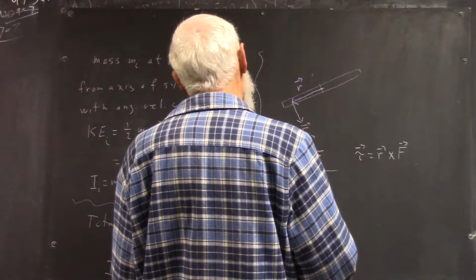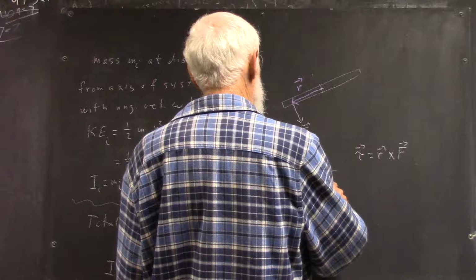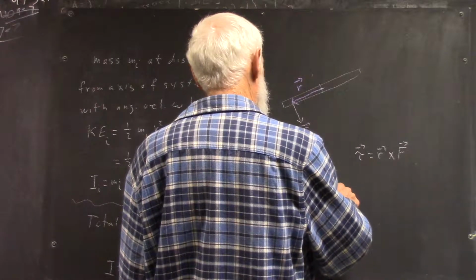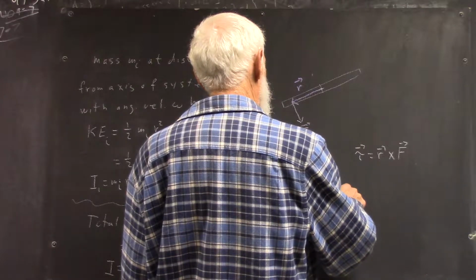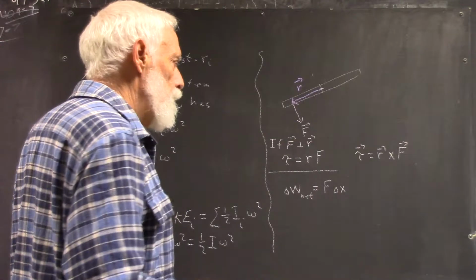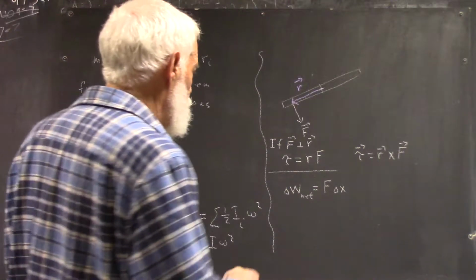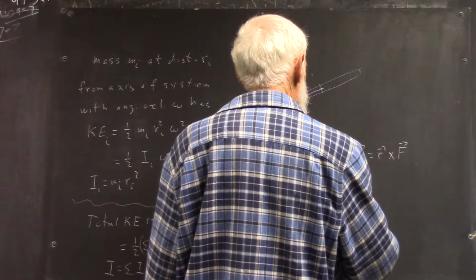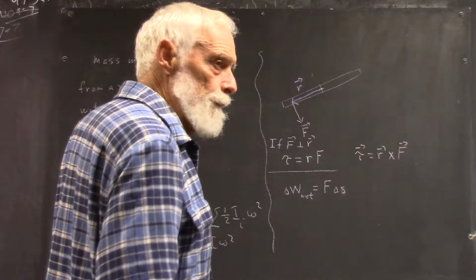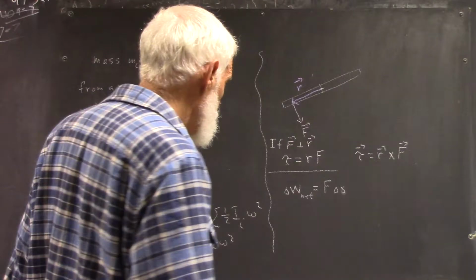W net equals, well, actually, I guess I am going to tell you, it equals F delta X, except I really want to use S, because it's displacement along an arc.